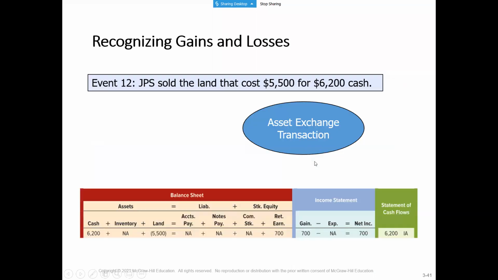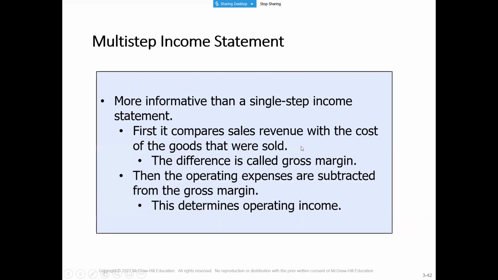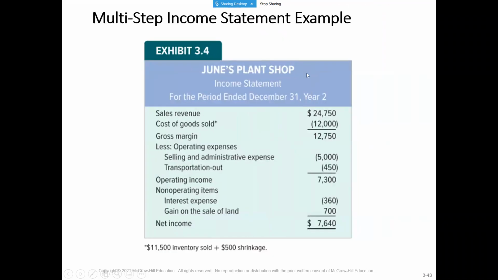They did a little bit of a gain and loss transaction, and that was selling land that was purchased for a $700 gain. That gain is recognized outside of the regular items of our income statement. As you note, that gain on the sale of land is included in non-operating items.